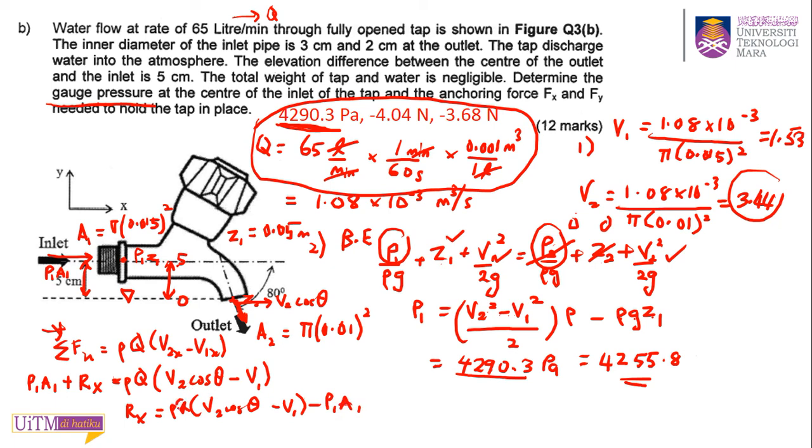Ni Q. Okay, and if you put all this value, rho 1000 times Q times V2, and you have your V2 3.44 cos theta 80 minus 1.53 V1, minus, okay, after you times this and minus P1.